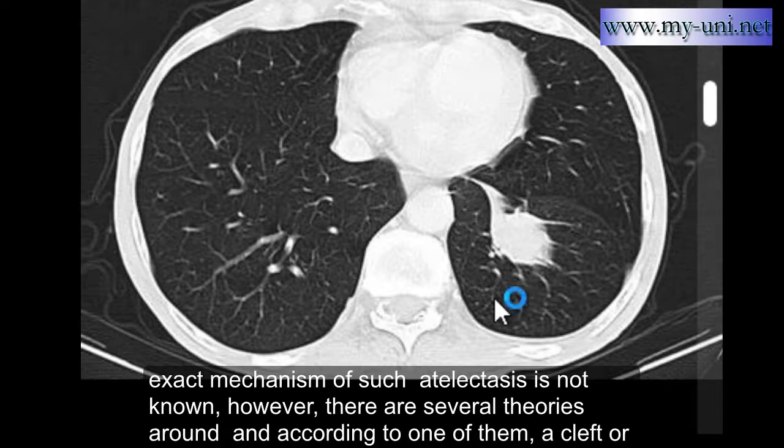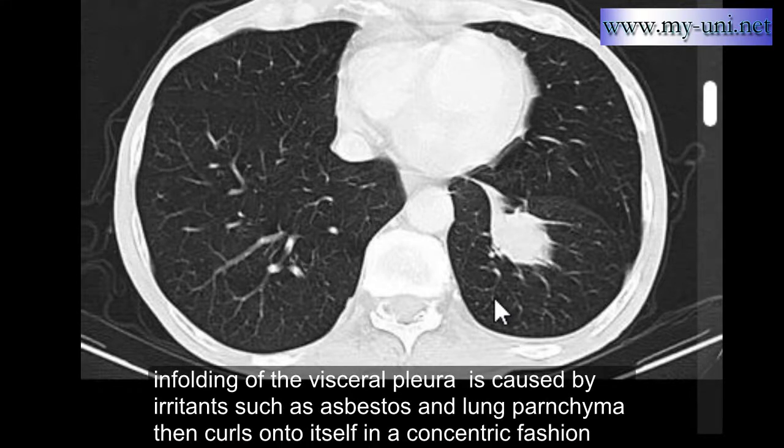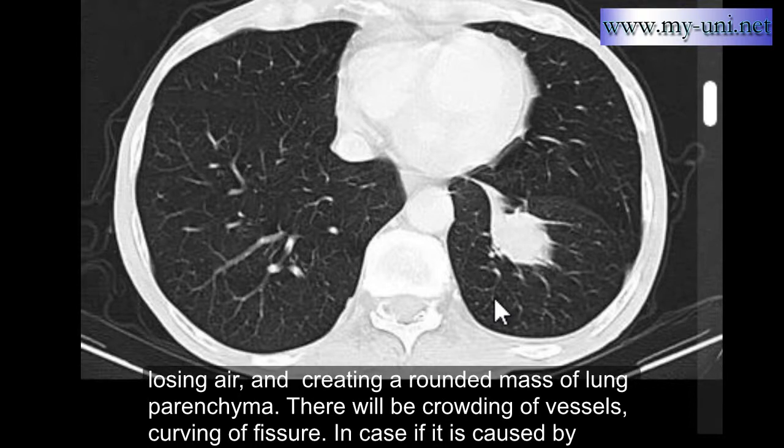However, there are several theories around, and according to one of them, a cleft or infolding of visceral pleura is caused by irritants such as asbestos, and lung parenchyma then curls onto itself in a concentric fashion, losing air and creating a rounded mass of lung parenchyma.